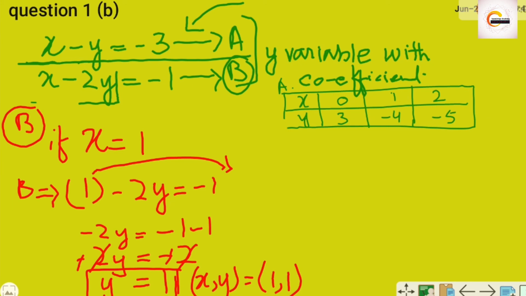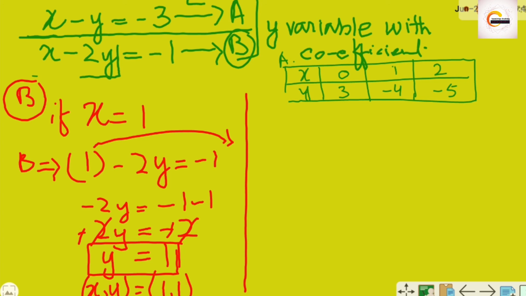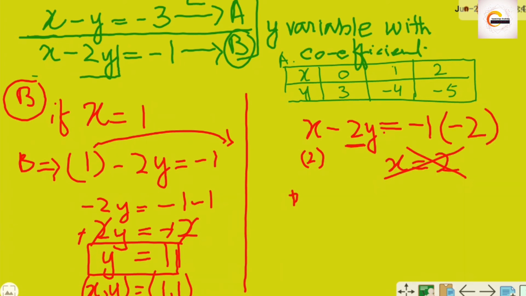Similarly, for the next point, I will select x is equal to 3. Let's put 3 minus 2y is equal to minus 1, and yes, this 3 will go on the other side and become minus 4.